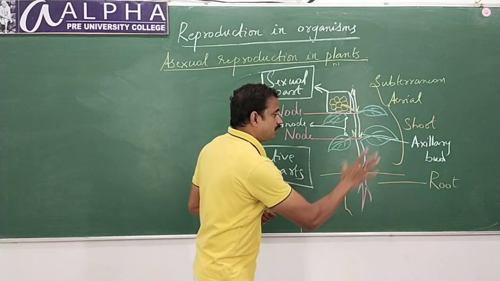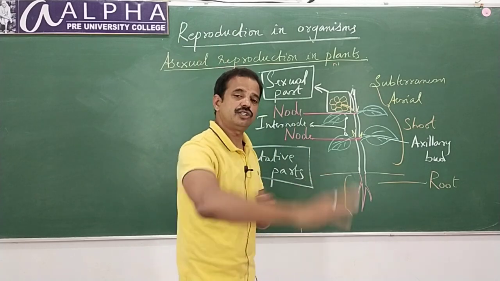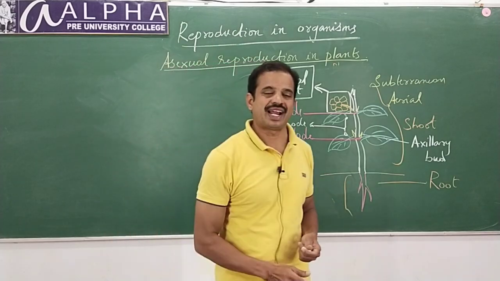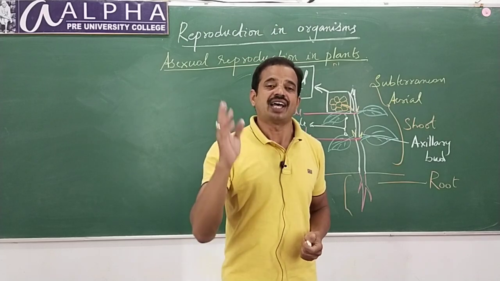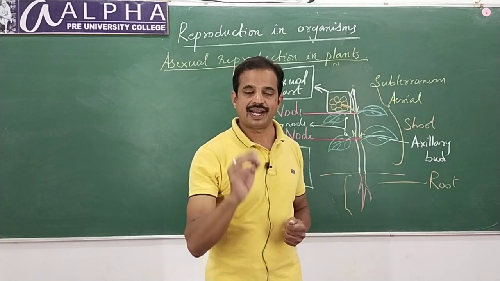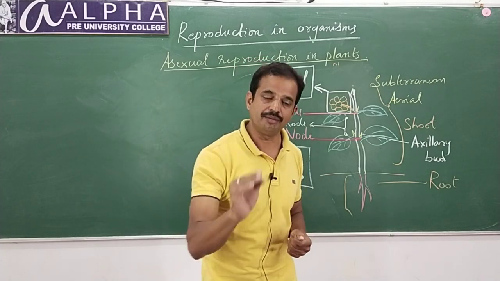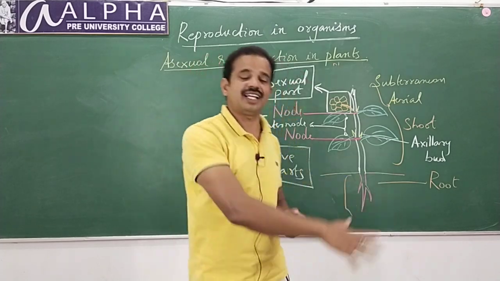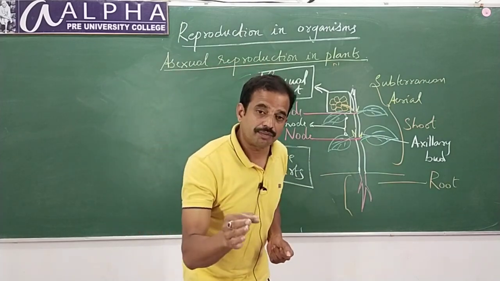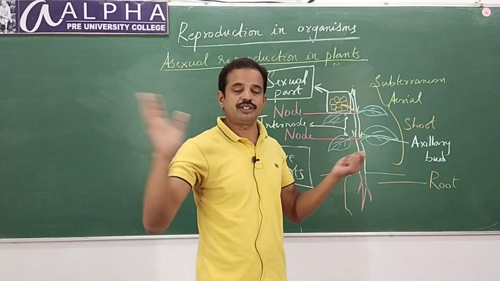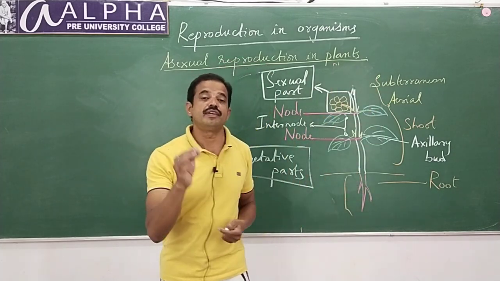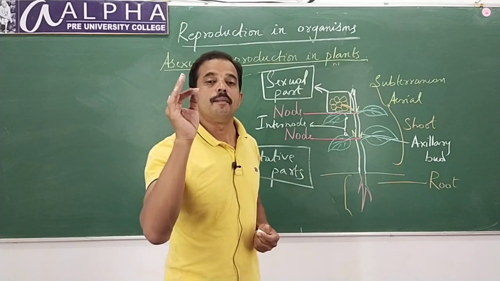So asexual reproduction in plants is also called vegetative propagation. The plant reproduces from the parts of the plant other than the flower, the vegetative parts. Reproduction by the vegetative parts, we call that vegetative propagation.